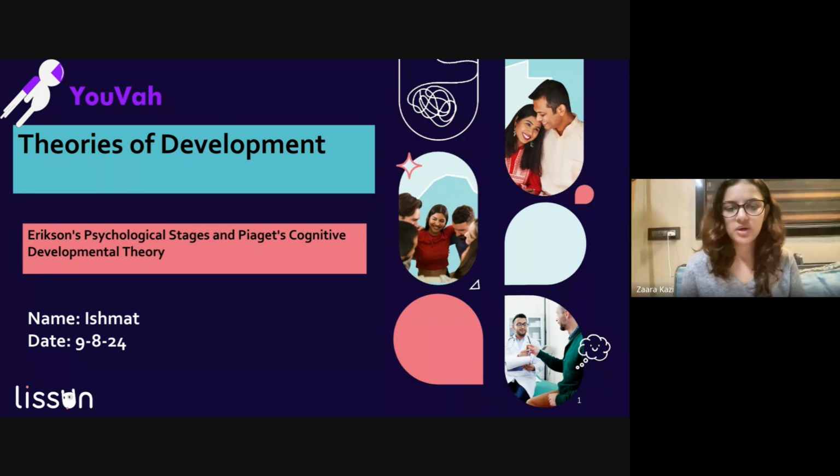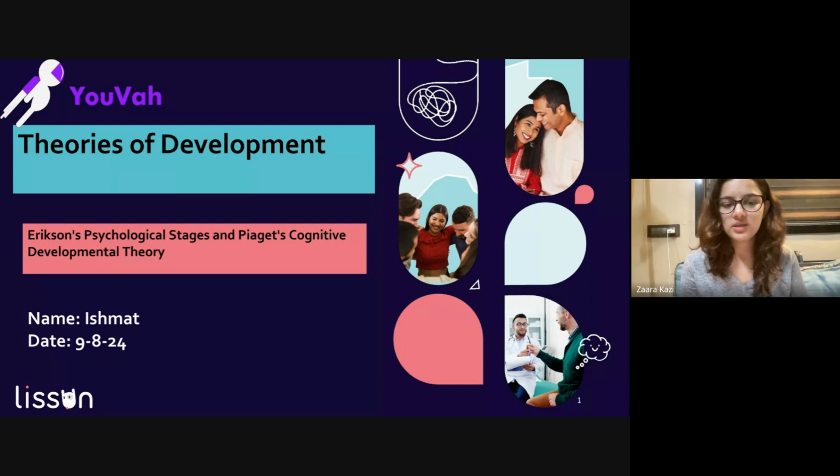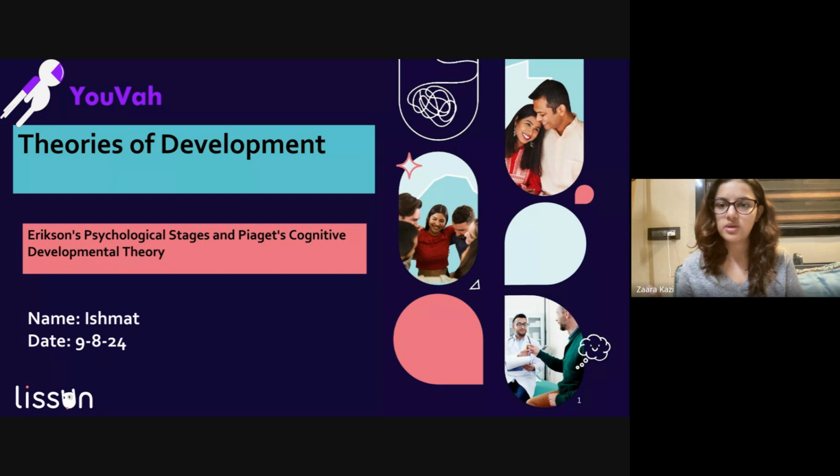Yes, ma'am. I've done Piaget's cognitive developmental theory. Basically, it's about clear-cut stages. It's divided into four stages of a child's cognitive development: the sensorimotor stage, pre-operational stage, concrete operational stage, and formal operational stage.